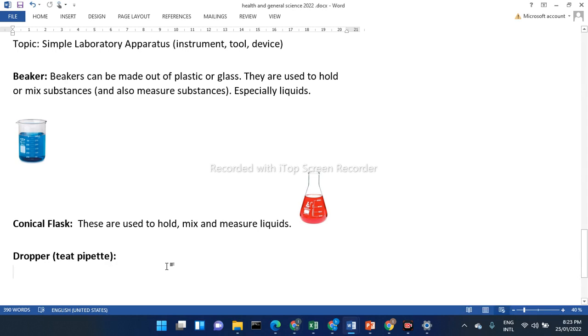So we use these when we're dealing with small things, and we want to take a small volume of a liquid, and we don't want to take a lot. So the dropper is used to deliver a small volume of a liquid.